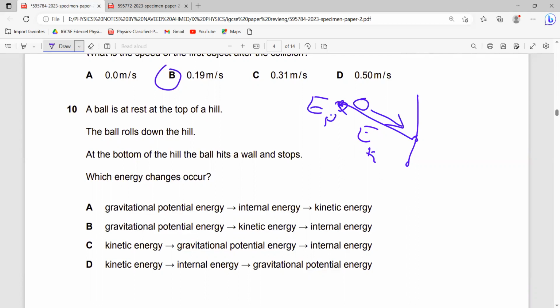So gravitational potential to internal energy directly is not possible. Gravitational to kinetic and internal is possible. Kinetic to gravitational is not possible because the starting energy would be gravitational. So this is the right option.